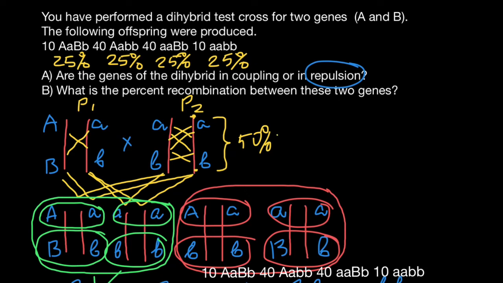As you see, 50% is the maximum number of recombinations between two genes at the tip of the chromosomes, which means that one chromosome cannot be greater than 50 centimorgans. One chromosome cannot be, say, 100 centimorgans. Maximum it can be 50 centimorgans.